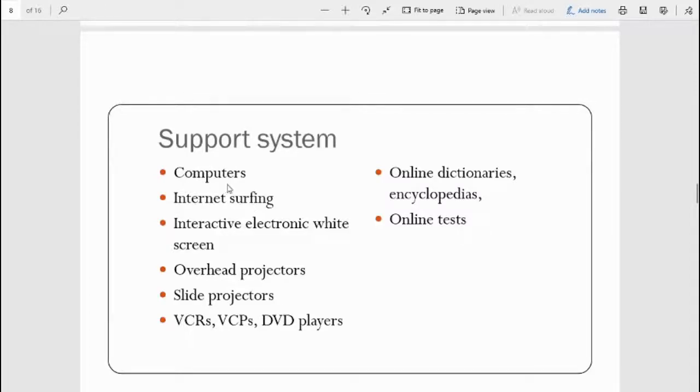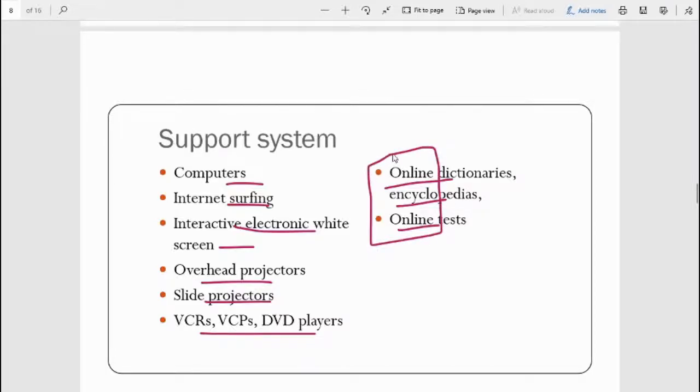They are computers, internet surfing, interactive electronic white screen, overhead projectors, slide projectors, VCRs, VCPs, DVD players, online dictionaries, online encyclopedias, online tests. Just remember this. This online portion was missing in traditional. In traditional, we had dictionaries, encyclopedias, assessment, but all were offline. There was no use of any kind of technology or internet in the traditional teaching support system. But under modern, technology comes, therefore computer comes, internet surfing comes.